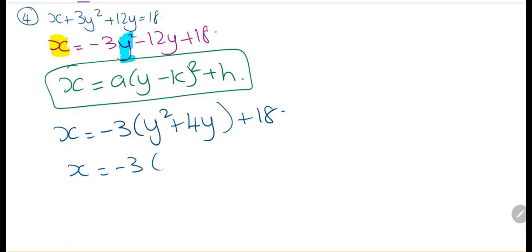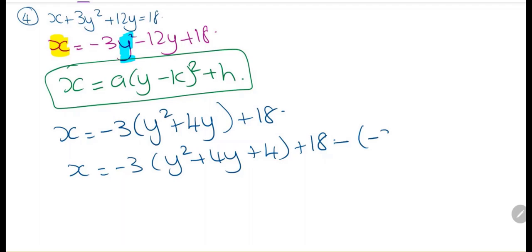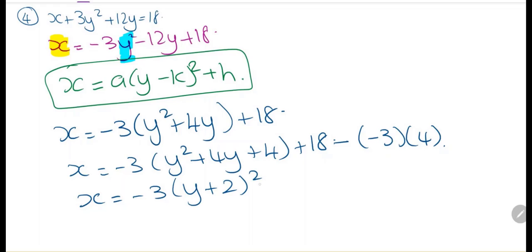So now we can complete the square. So y squared plus 4y. 4 divided by 2, 2 squared is plus 4. And because we're adding 4, we're going to minus, but this time it's minus 3 times plus 4. So minus 3, and we can rewrite this as (y plus 2) squared.